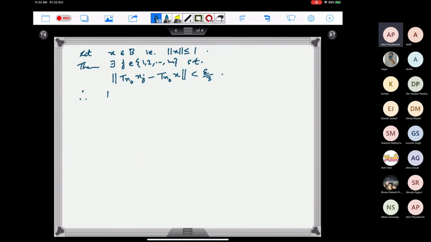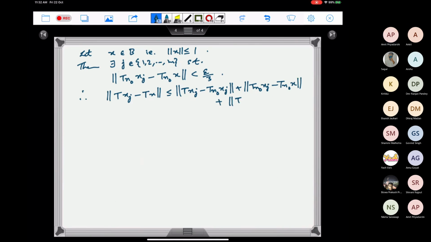if we look at T of xj minus T of x, this will be less than or equal to the norm of T of xj minus T_{n0} of xj, plus T_{n0} xj minus T_{n0} of x, plus T_{n0} of x minus T of x.